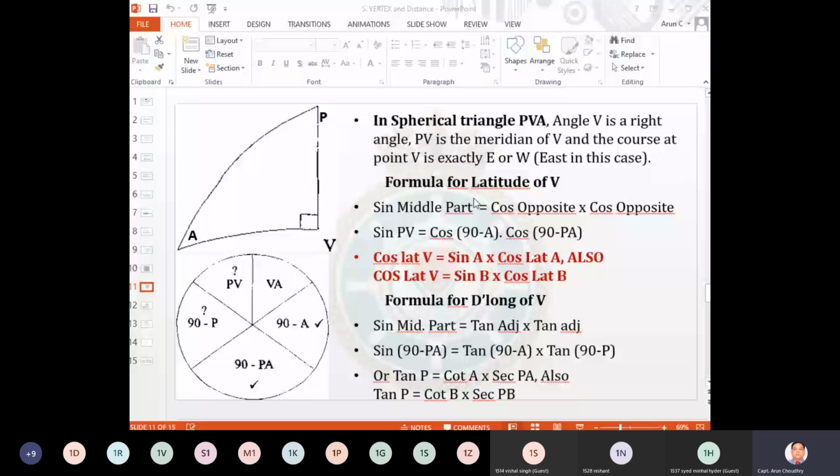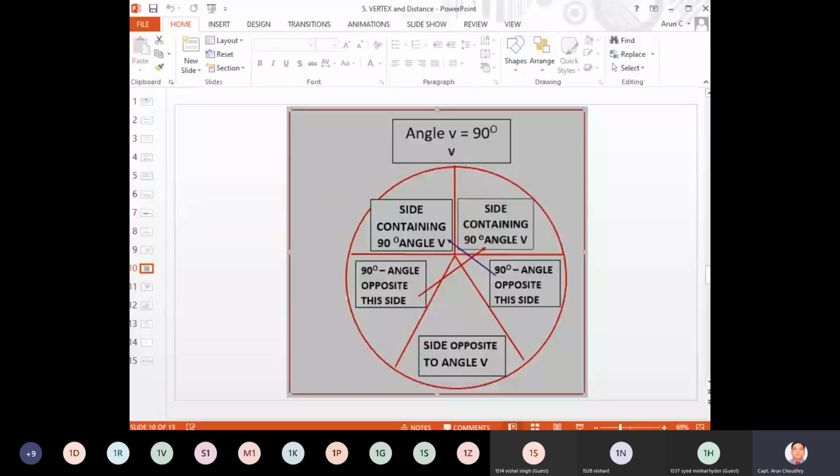Sine of middle part is equal to cos of opposite parts. Just write that down. Then the second formula: sine of middle part is equal to tan of adjacent parts. Now write down both the formulas in the chat.